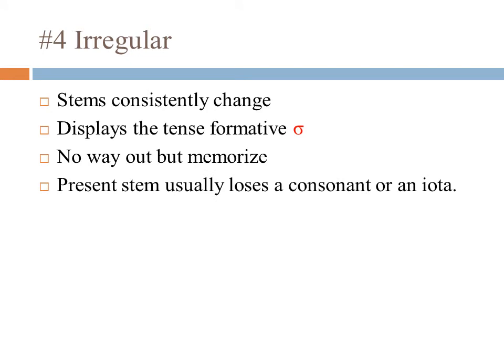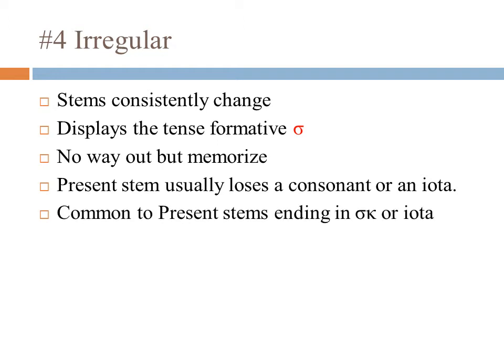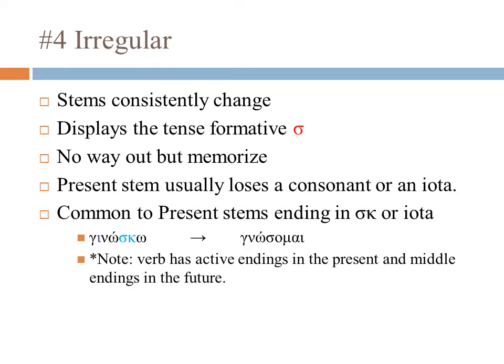The present stem will usually lose a consonant or an iota, as we saw a little bit earlier, but it may lose entire groups. Remember, the present is the most irregular form of it. So, common to present stems ending in sigma, kappa, or iota. And one of the most important ones is ginosko. You'll see that not only does it have a sigma kappa, but it has an iota, which is bound to be lost anyway.